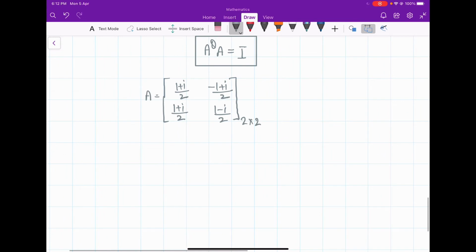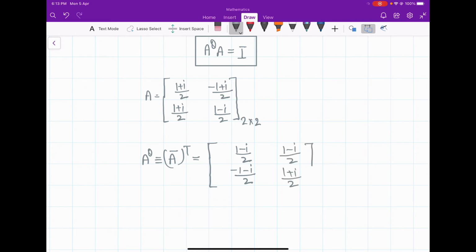So A theta, that is the conjugate of the transpose matrix, is given by 1 minus i by 2, minus 1 minus i by 2, next 1 minus i by 2 and 1 plus i by 2. This is the conjugate transpose matrix.